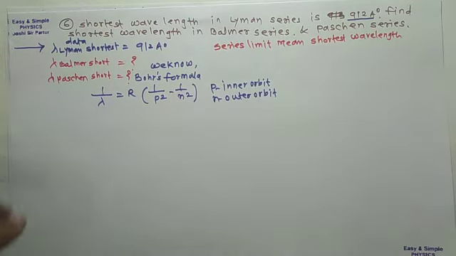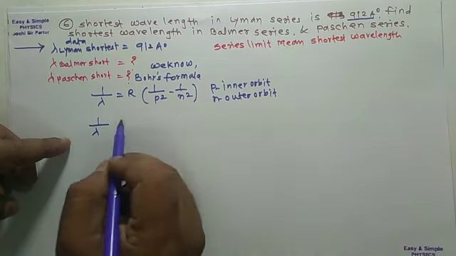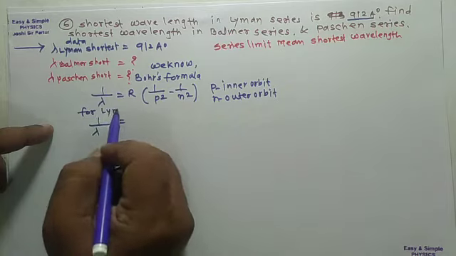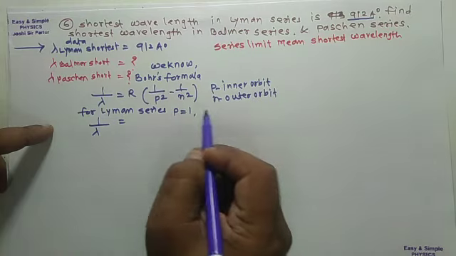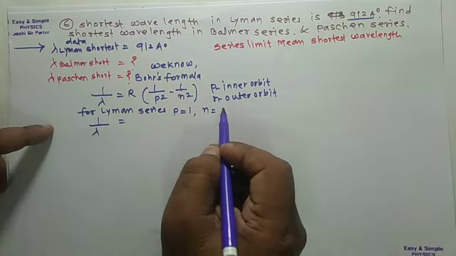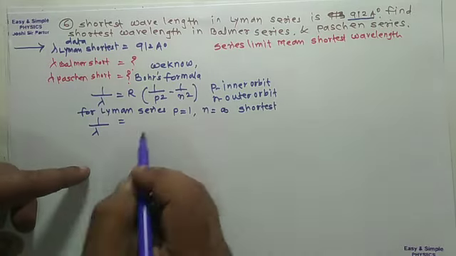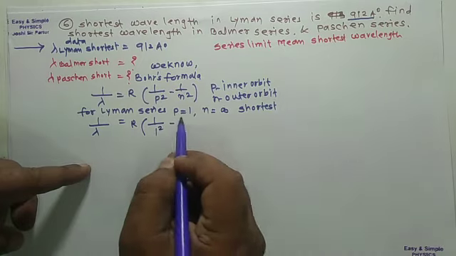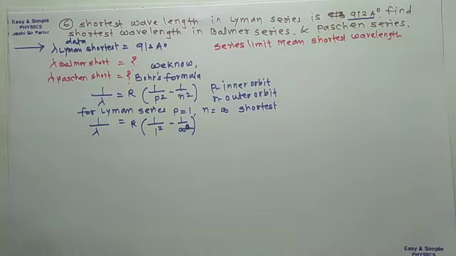What happened? 1 upon lambda is equal to, for Lyman series, p equal to 1, n equal to infinity for shortest wavelength. So 1 upon lambda equal to R in bracket 1 upon 1 square minus 1 upon infinity square. 1 upon infinity is equal to 0.